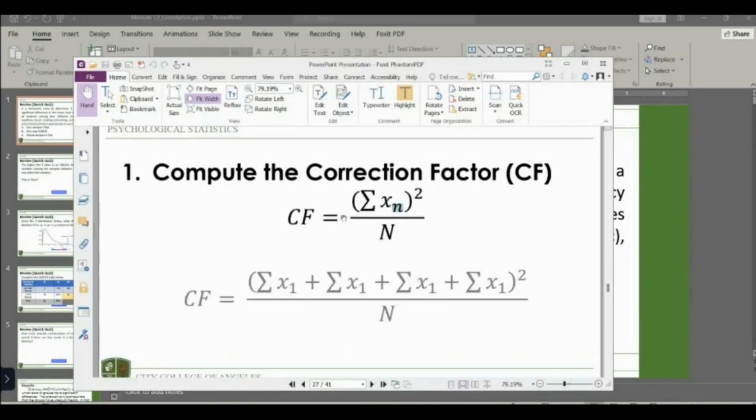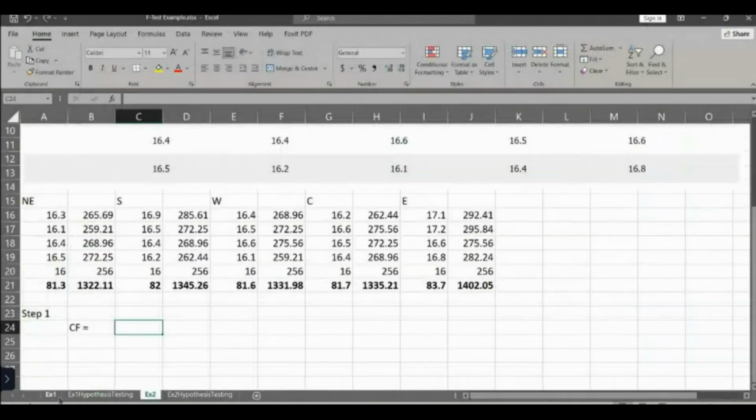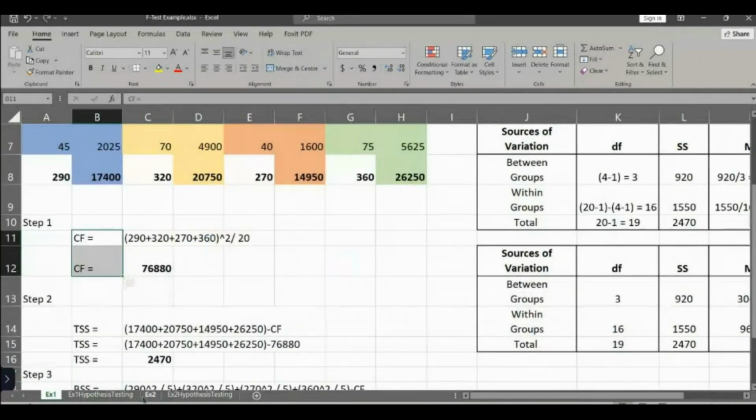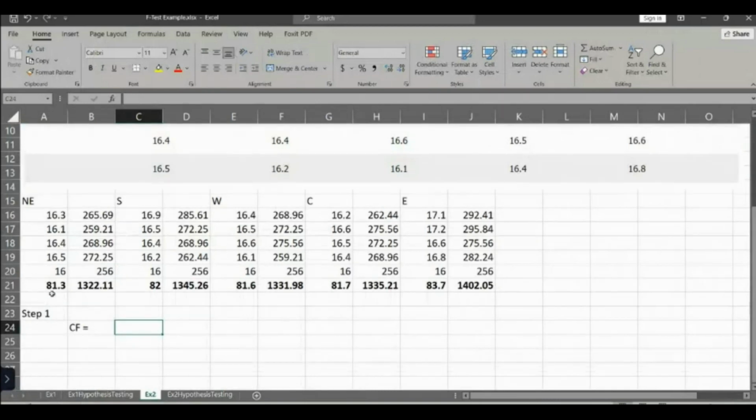So in this case, we have the summation: 81.3, we have 82.